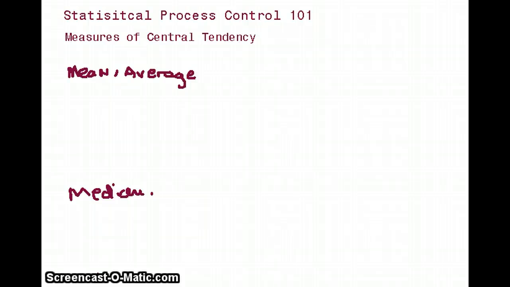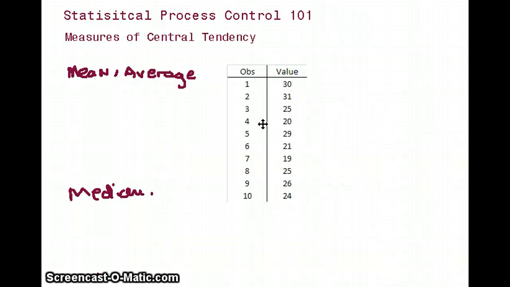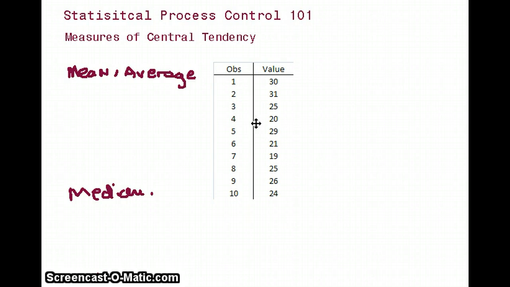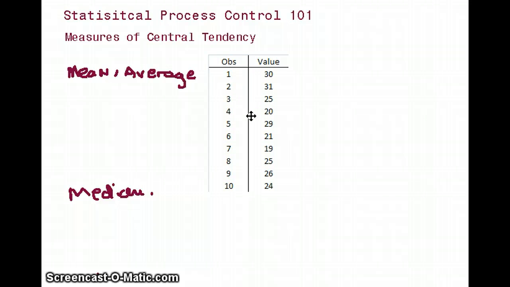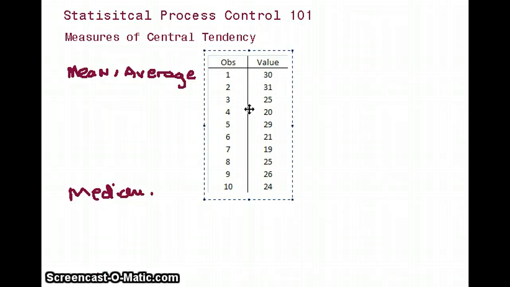So let's imagine that we have a series of numbers, and let's pretend that these numbers come from our observations of operating room turnaround time. So here are some handy numbers I just happen to have at hand. What is the mean of these values?